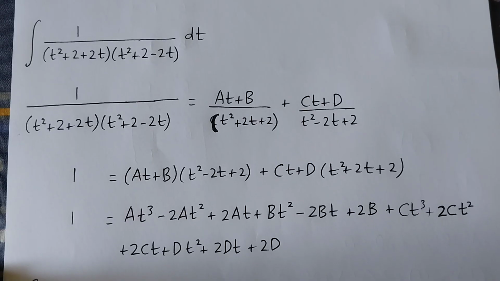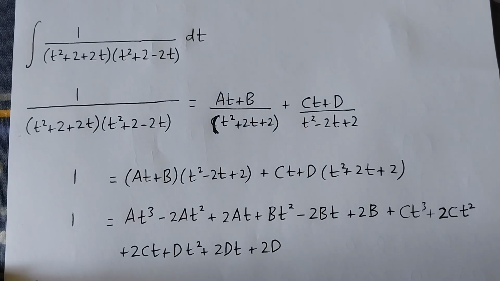For partial fraction resolution we need to call those factors as denominators, make those factors the separate denominators of separate fractions, and we assume some numerator. So in this case both of the factors are quadratic, and both of these factors will be denominators of separate fractions, as you can see, and the numerators of those fractions will be at plus b and ct plus d.